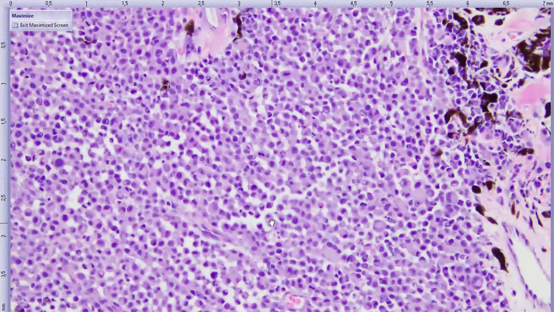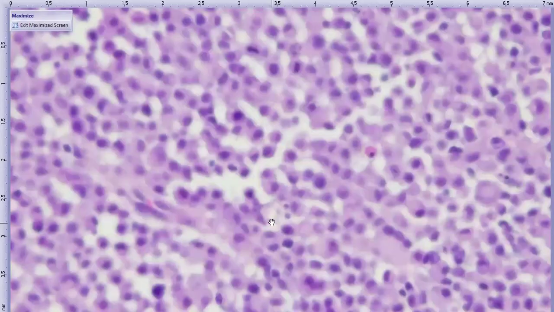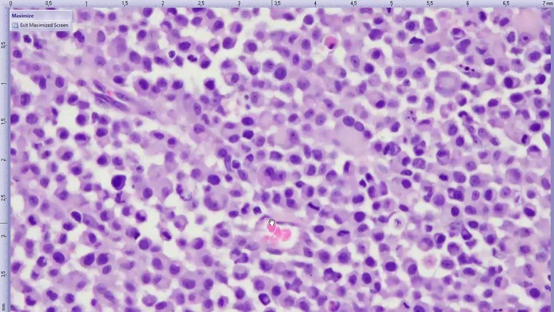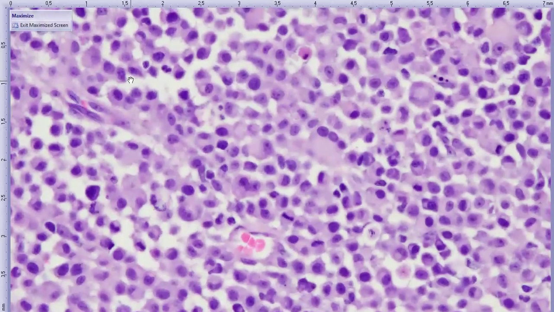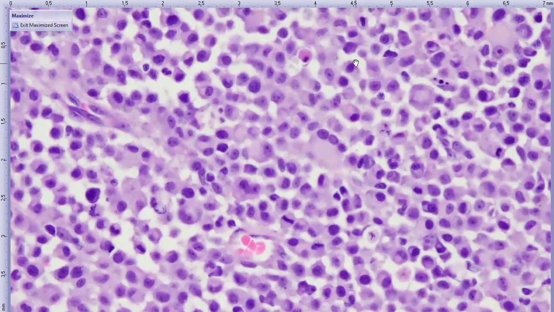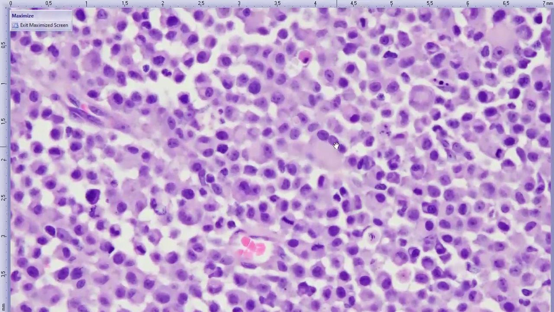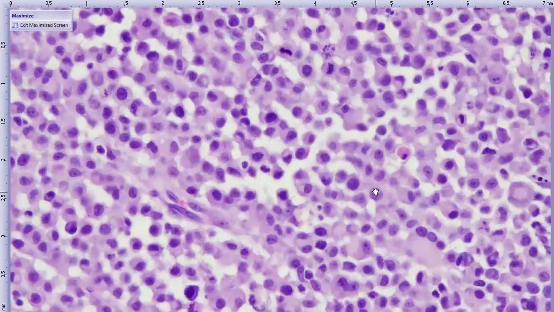And what we start to see are sheets of round cells that have a moderate amount of eosinophilic cytoplasm, pretty rounded oval nuclei. They're either finely stippled to densely stippled chromatin. We've got multinucleated cells in here. We've got pretty readily identifiable mitotic figures.